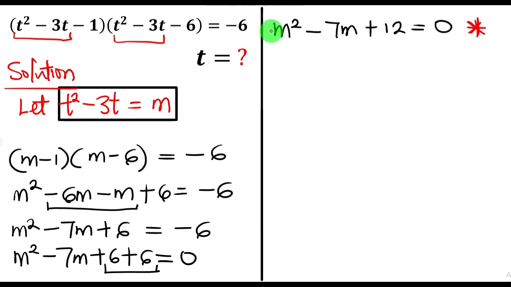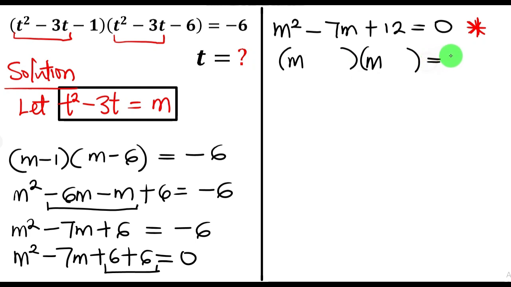Since my coefficient here is 1, that is unity, it's easy to factorize by having two parentheses like this, then this m² is going to be split into m, then another m here.